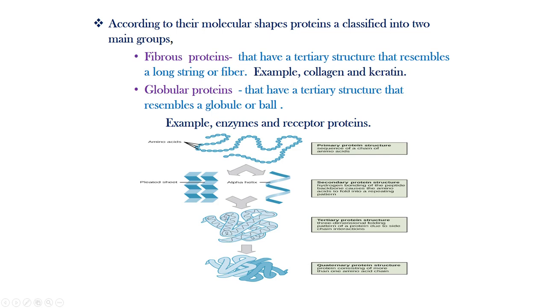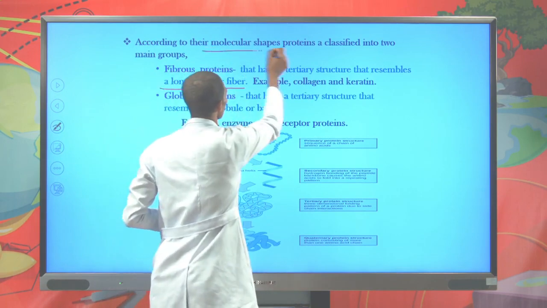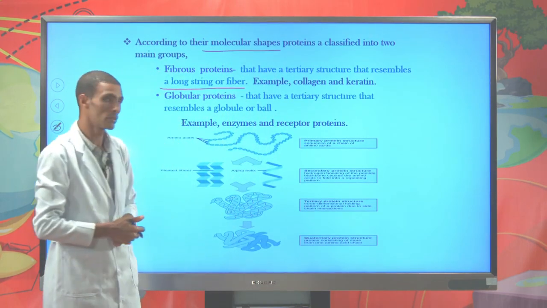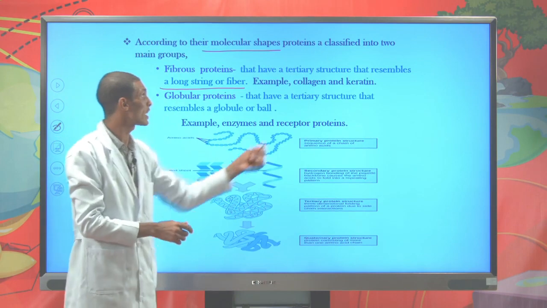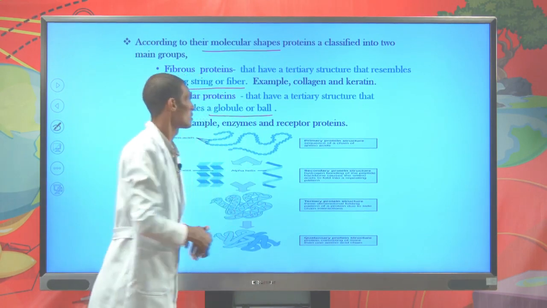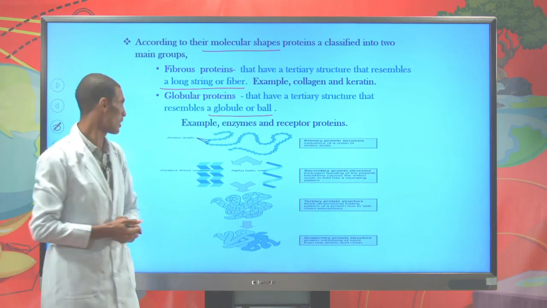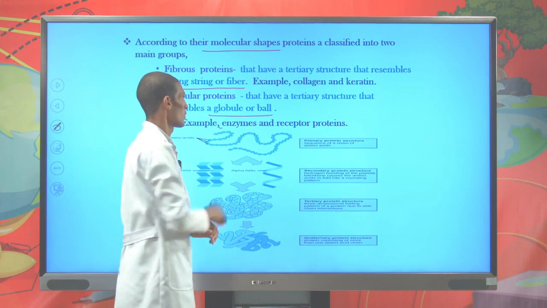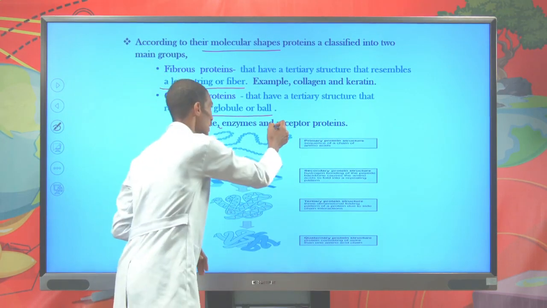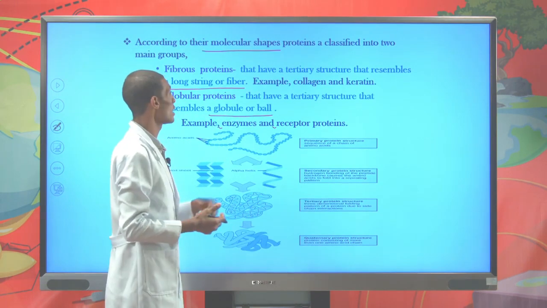And the other part, based on molecular shape, is globular protein, which resembles tertiary structure, having a ball-like structure, a globule. For example, enzymes, which have a 3D structure, and receptor proteins for hormones, are also ball-like structures.